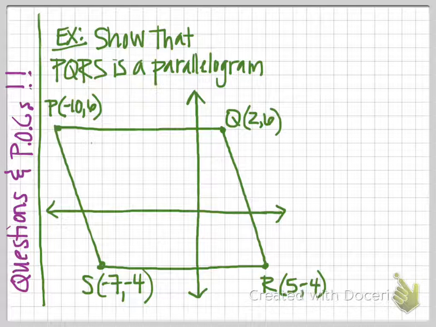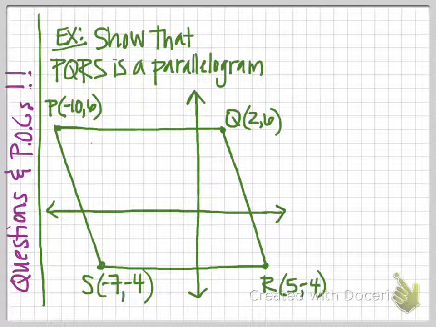If you take a look at the 5 tests that we wrote down previously at the beginning of our notes, the first test, we're going to be looking at slopes. The second test, we're going to be looking at distance. The third test, we're going to be looking at slope and distance. And the fourth test, we're going to be looking at distance. The fifth test, we're going to be looking to see if angles are congruent.